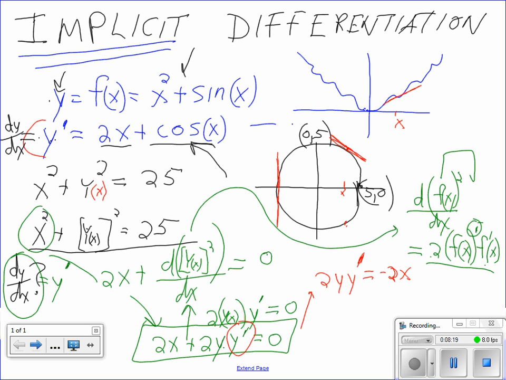I want to solve for y prime. I say, well, y primed is equal to minus 2x over 2y, or that's just equal to minus x over y.